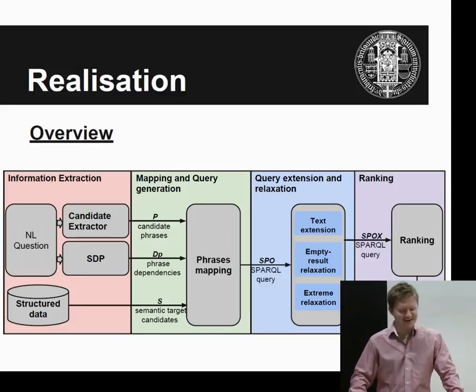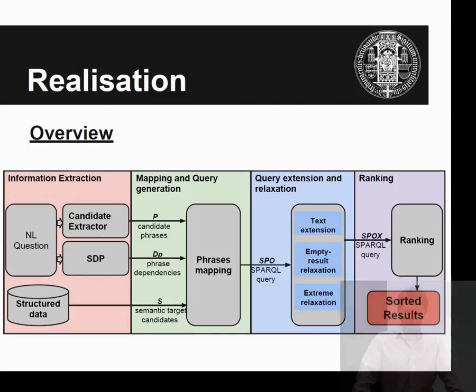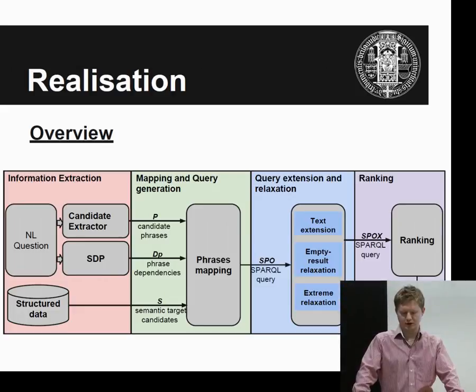The second part is the mapping, where we generate all possible queries and choose the best one. At the end of this part we will have just one query which we will extend in the third part, and at last we get a list of results, which we have to rank.